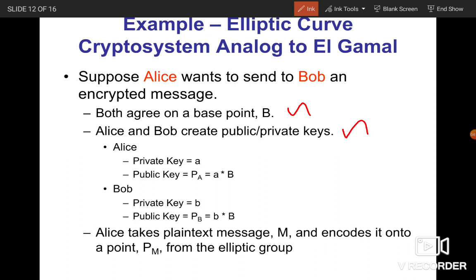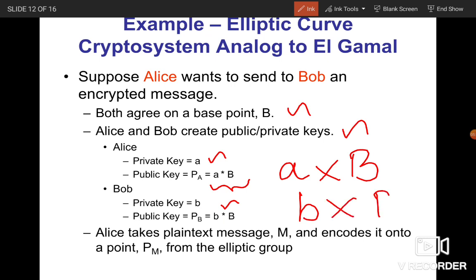Alice chooses her private key a, and using a, she calculates her own public key by multiplying her private key with the base point P. Similarly, Bob chooses an integer as his private key, and by multiplying the private key with the base point, he calculates his public key. Now both the sender and the receiver have a private key as well as a public key.